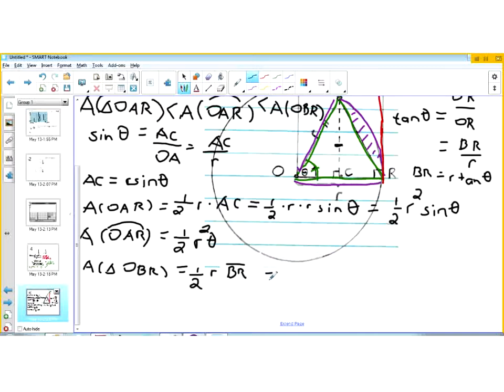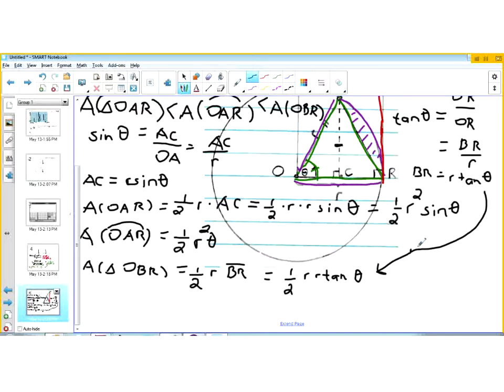Okay, and now we'll plug in the expression for BR. Since we know that BR is a function of theta, we know that the area then of triangle OBR is a function of theta. So that would be 1/2 R times R tan theta. Okay, because BR comes from here. That's all I did, I substituted.